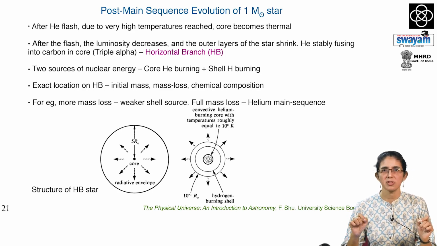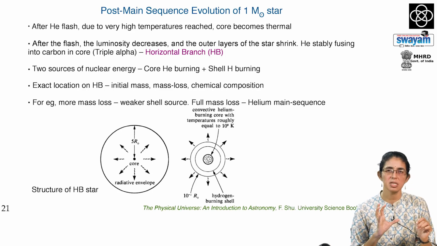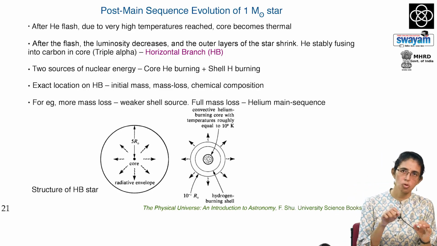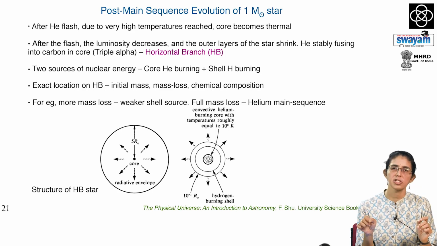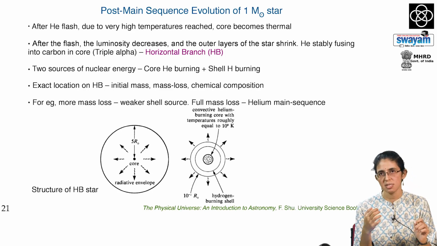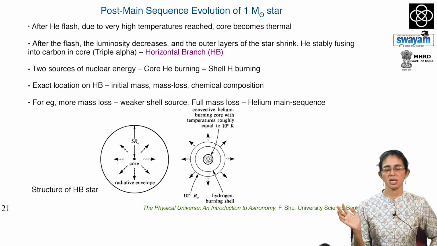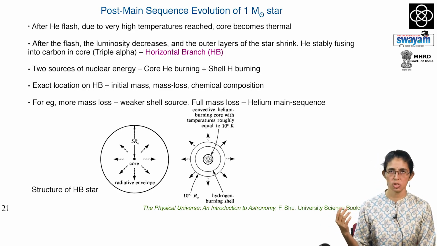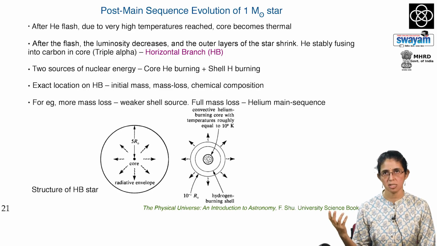This phase of the star, when the helium is stably burning in the core, is known as the horizontal branch phase, and there could be layers outside which are burning hydrogen. But these are also the phases where the envelope radius is very large, and because the envelope is very large, the surface temperature is very low, the surface gravity is very low, and mass loss begins to occur. There can be quite a bit of mass loss occurring.